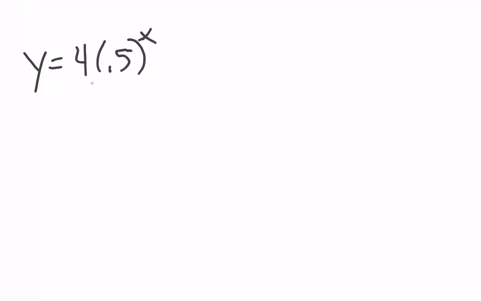So my initial value is 4, and my growth or decay factor is 0.5. Since 0.5 is less than 1, that means it is decay, which means from left to right it's decreasing.